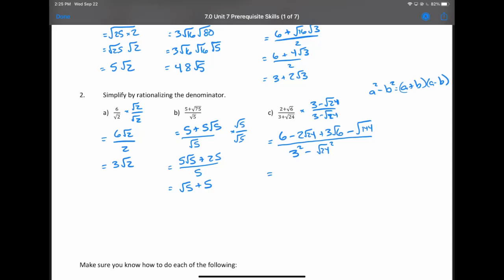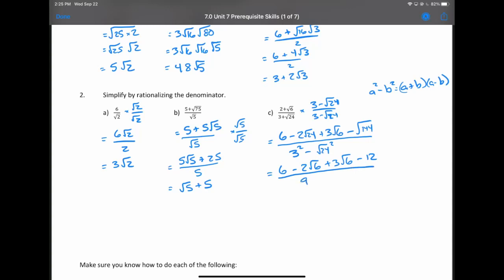Okay, on the top, we can do a little bit of a cleanup. We have a 6. I'm actually going to do this in 2 steps just so we can fix a few things. The root 24 could be written as root 4 times root 6, so that's just 2 root 6, plus 3 root 6. And the root 144 is actually just minus 12.